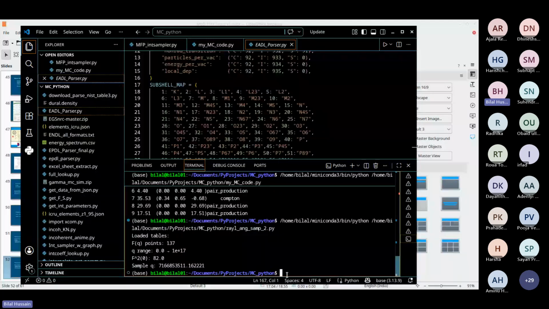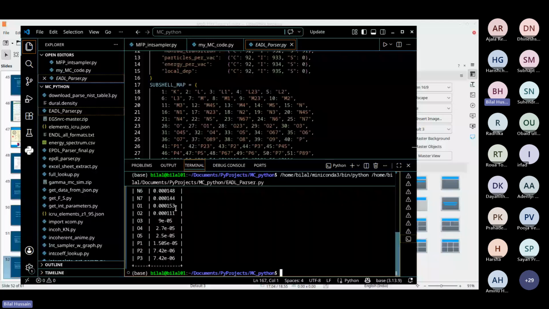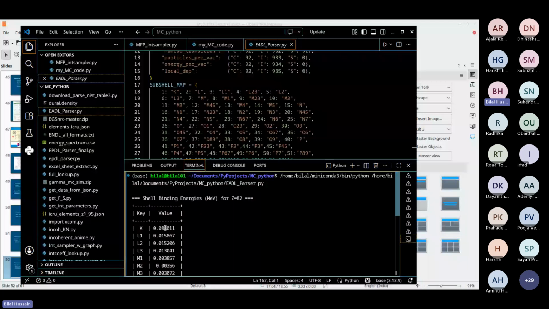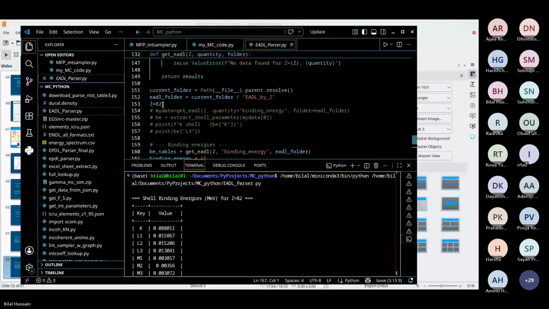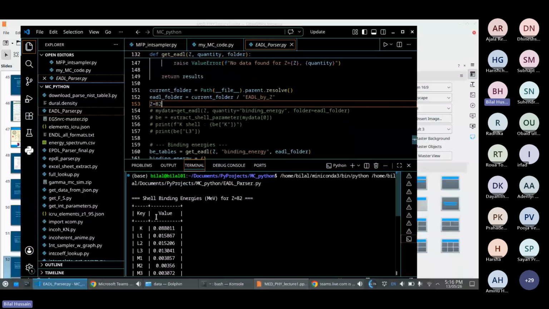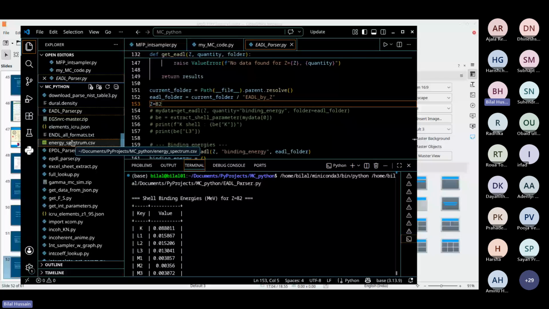This program parses the EADL data and gives you what type of data is available. This gives the binding energy of the different shells of a particular atom. I can get this data for any atom I want from this code. I have taken it for lead. This is the binding energy of that one. Then I'll show you the next part.